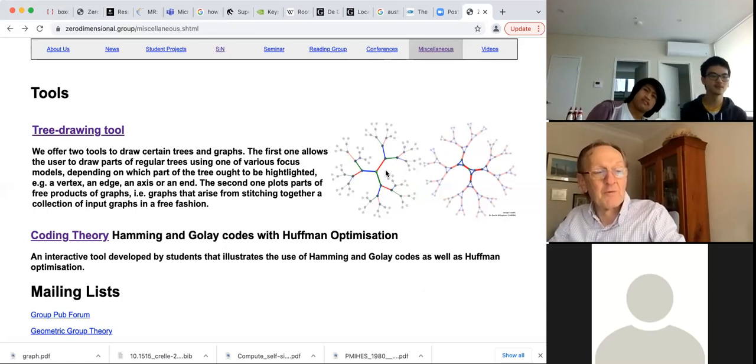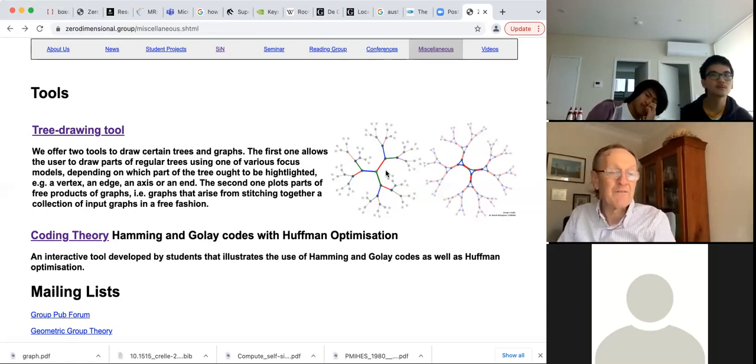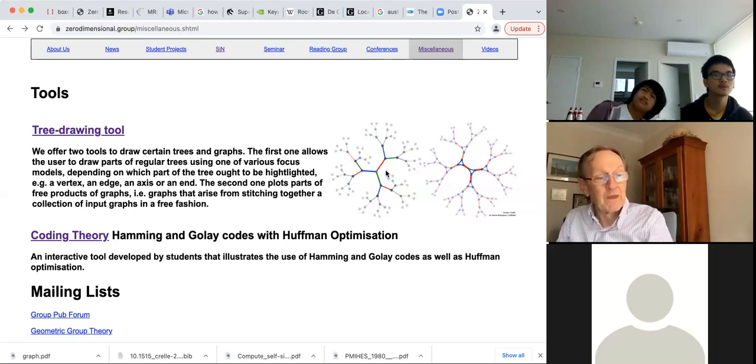So this whole problem of how do we visualize a graph is a big one, and it doesn't have a good general solution.